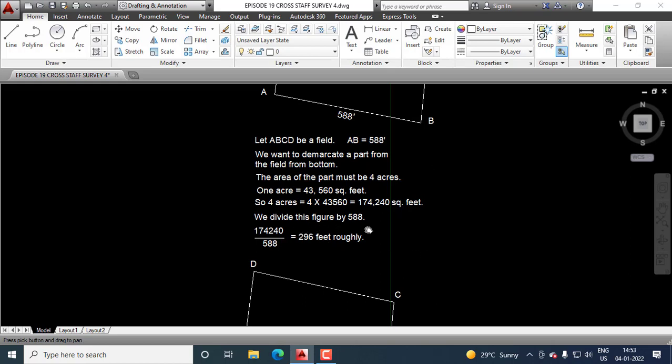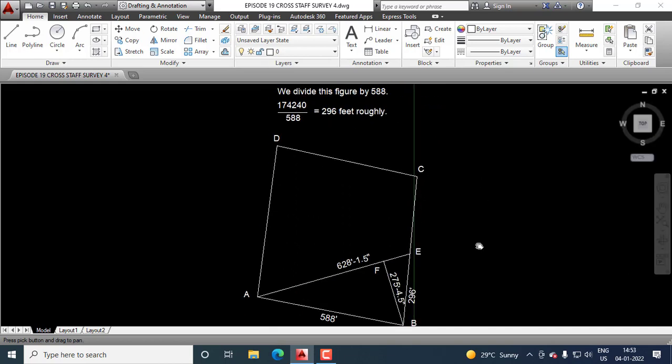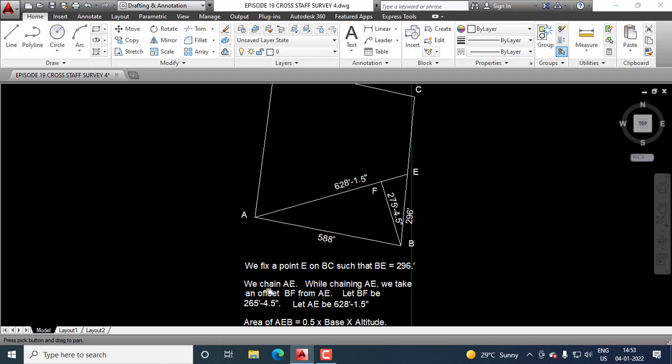We divide this figure by 588. 174,240 by 588 is equal to 296 feet roughly. We fix a point E on BC such that BE is equal to 296 feet.